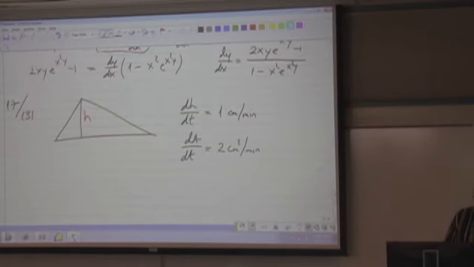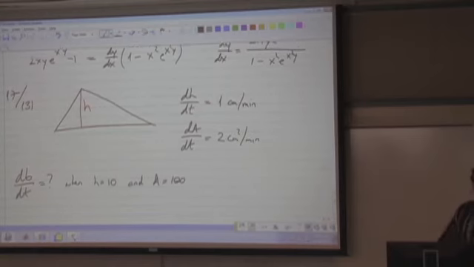So if we name the base with the letter b, then we're asked what is db over dt when h is equal to 10 and capital A is equal to 100. Is this making sense?